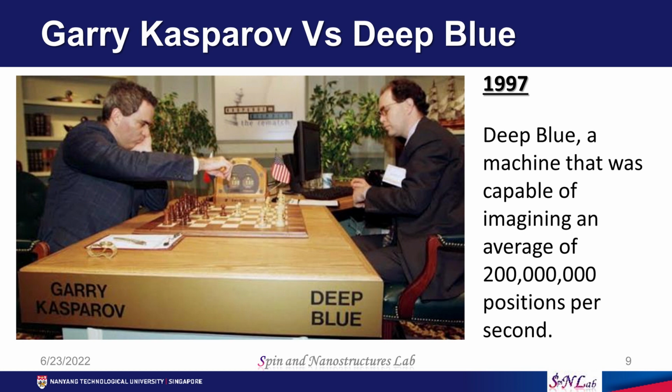If you compare the power consumption, the Deep Blue supercomputer uses megawatts of power. It is capable of evaluating an average of 200 million positions in chess per second. That kind of computation it can do.